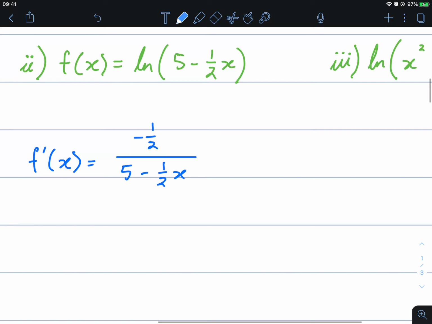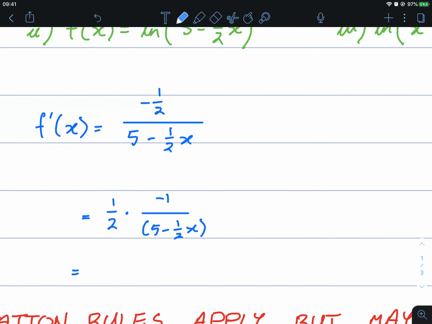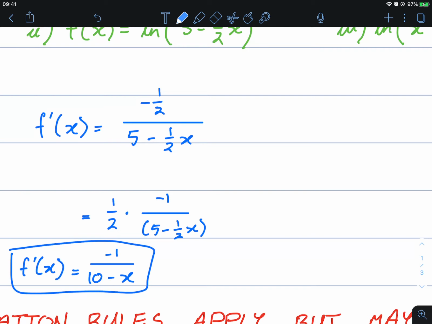But if we wanted to, and we're required to, make this a little neater, if we factor out half, that's half times negative 1 on 5 minus half x. Top times top gives us negative 1 on the numerator. Bottom times bottom, that's 10 minus x, that's 2 times 5, 2 times negative half. So the derivative f prime of x is equal to this expression there.